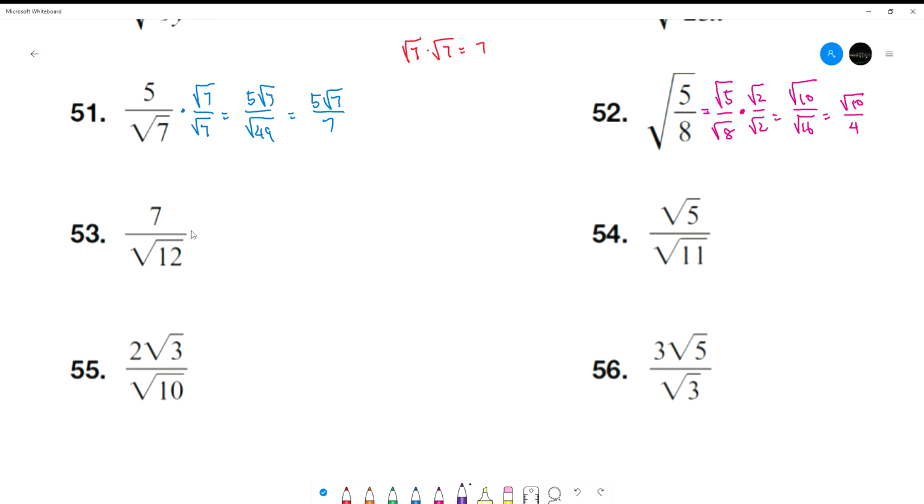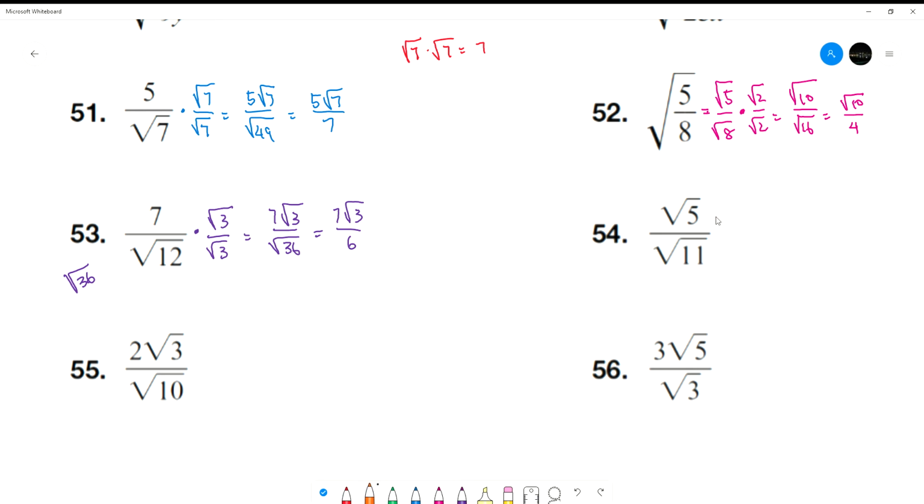Next one. So it's radical 12. We want the smallest radical, which is radical 36. So I can multiply this by radical 3 over radical 3 to get 7 radical 3 over radical 36, and that gives us 7 root 3 over 6. The fraction outside does not simplify, so we're done.